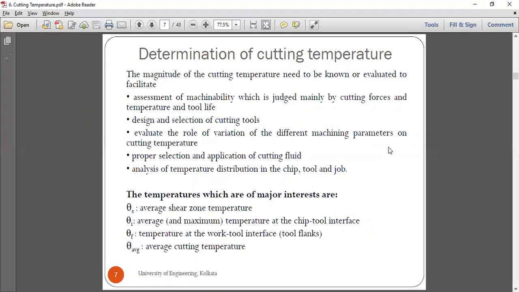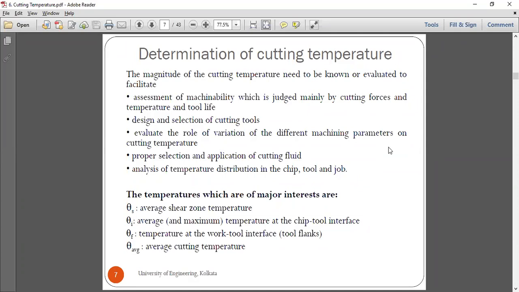While removing material from the cast iron, that carbon comes out of the material and acts as a solid lubricant. So we do not require any extra lubricant or cutting fluid to be added.